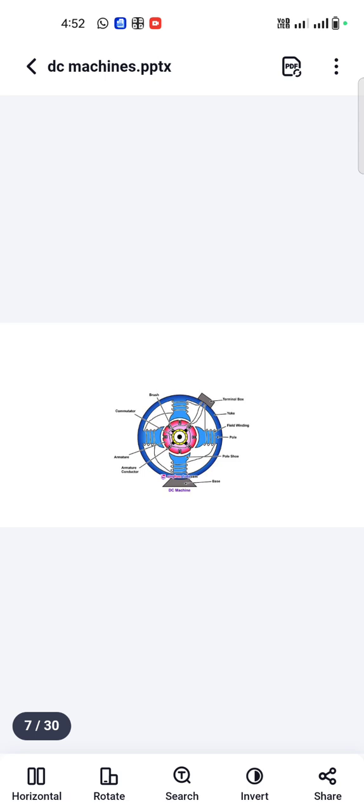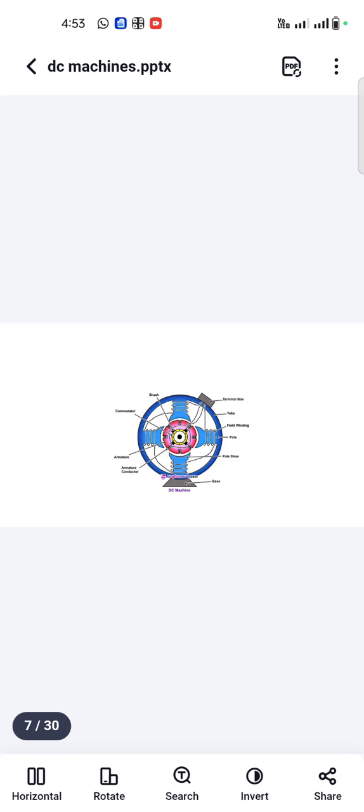The first one is the yoke. What is the yoke? See the diagram carefully. The outer frame, or outer cover, of the DC machine is the yoke. Simply, it's the body of the machine that holds all parts together and provides a path for magnetic flux. What is the main function of the yoke?